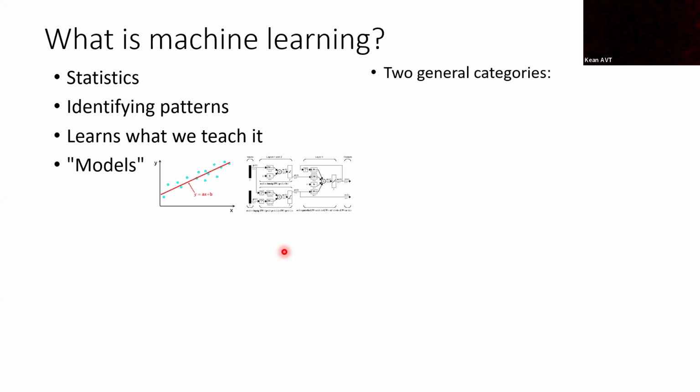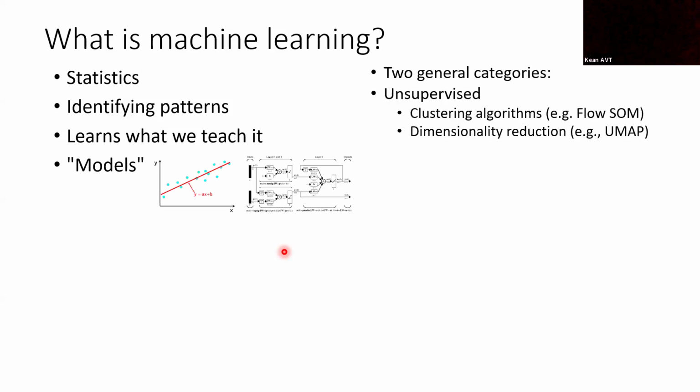There are two general categories of machine learning. So first we have unsupervised machine learning. This is something where we don't apply labels to the data. We basically let the machine try to separate different populations from each other and so forth. And this has been used for things like clustering algorithms and dimensionality reduction for viewing data like UMAP.